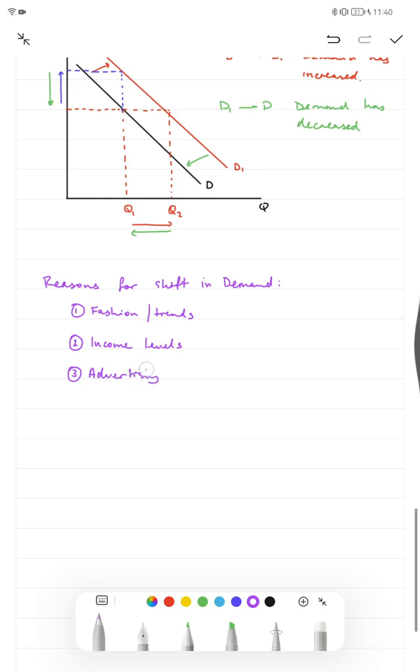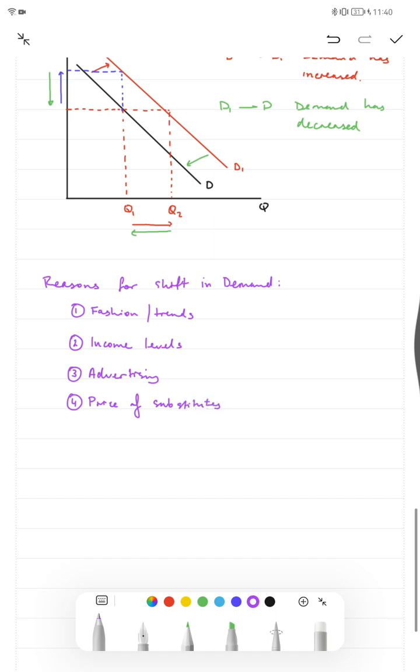Again, you can have advertising. So if you see more adverts for it, the aim is that you will buy more of that product. So for example, if I saw fast food adverts everywhere, I would be more likely to buy fast food. The next one is the price of substitutes.